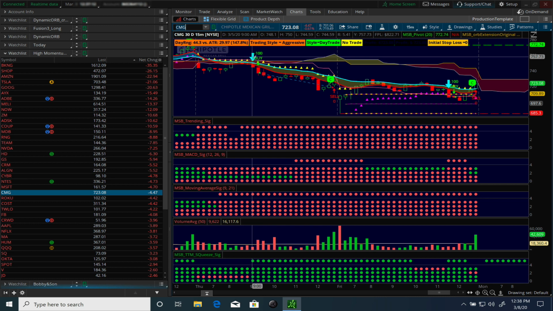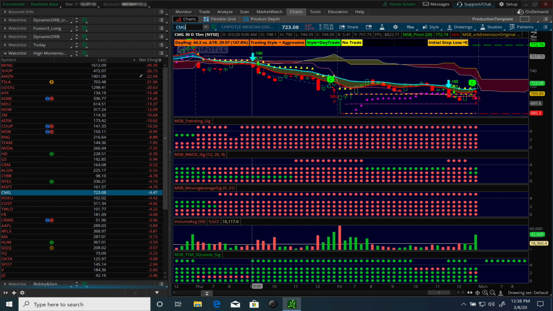Unfortunately, the system's become a little bit slow, but this one also is a positive trade. So these are essentially the stocks that a lot of people like trading. These are high momentum stocks, and I've run the test on a lot of stocks, and I'm not saying that I've tested each one of them.